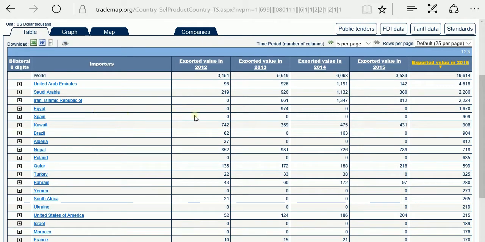When we come to Spain, it recorded 0, 0, 0, 0 till 2015 and it shows a value in 2016. This means Spain is a new market for desiccated coconut from India. Spain could be importing desiccated coconut from some other country, say from the Philippines or Indonesia. But from 2016, it has started importing desiccated coconut from India. So this is a good sign. We can capture the new market.